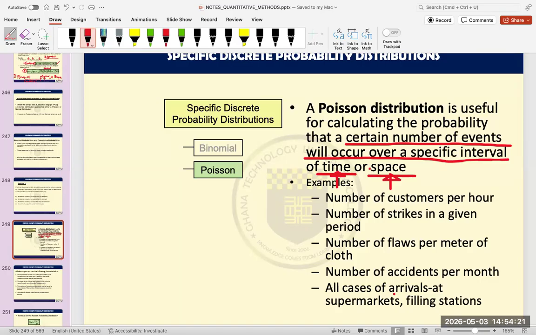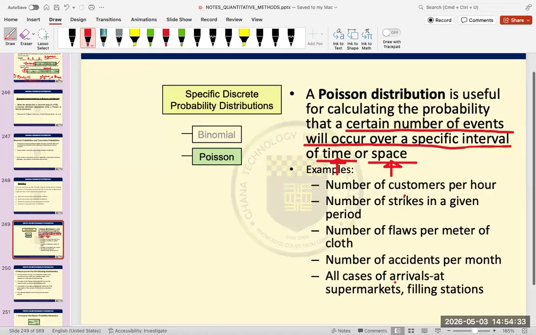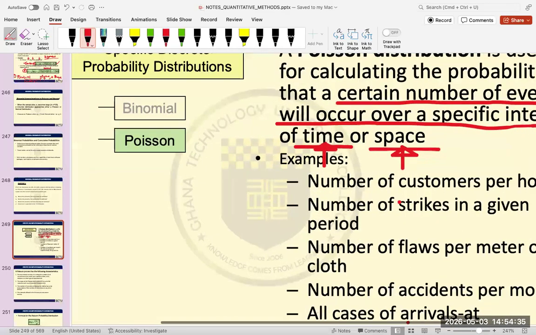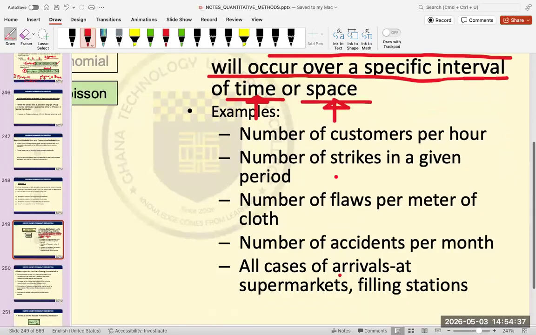Poisson deals with time or space. Let's look at some examples that can make us understand the definition of the Poisson distribution, which we see every day in our lives.